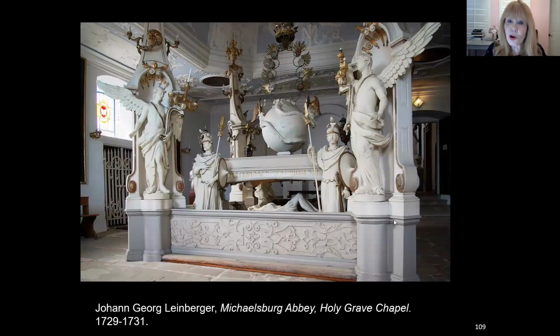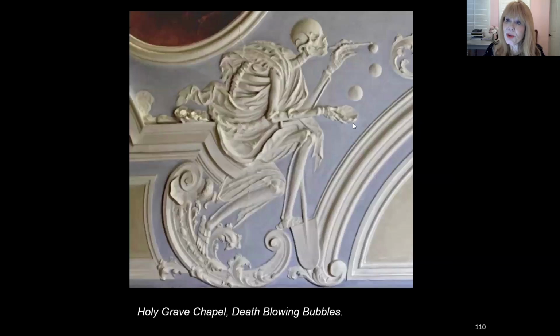But in the Holy Grave Chapel, of which there's these rather heavy German carvings, the ceiling is filled with images of death and various meanings of death, because this is the Holy Grave Chapel to recognize those who have passed on.